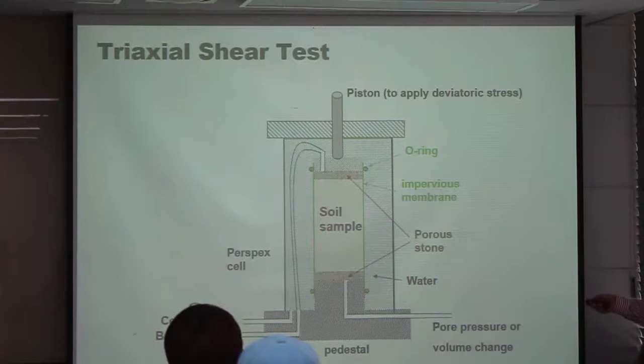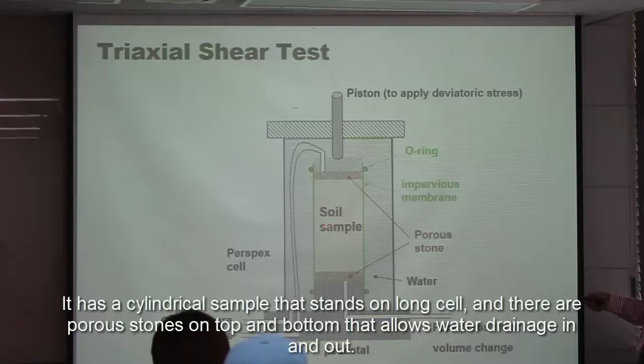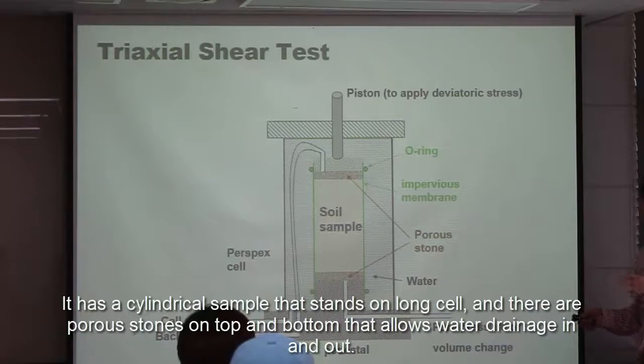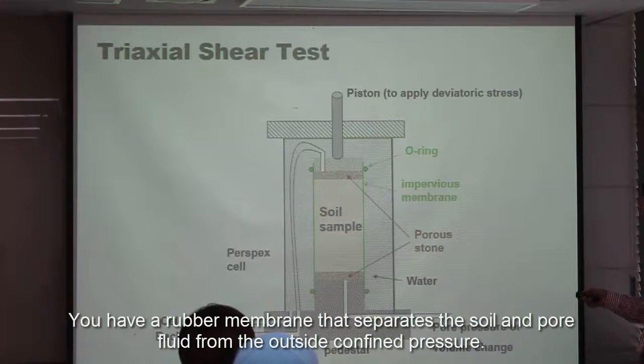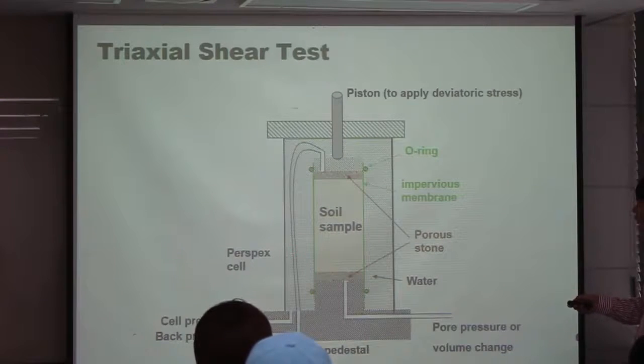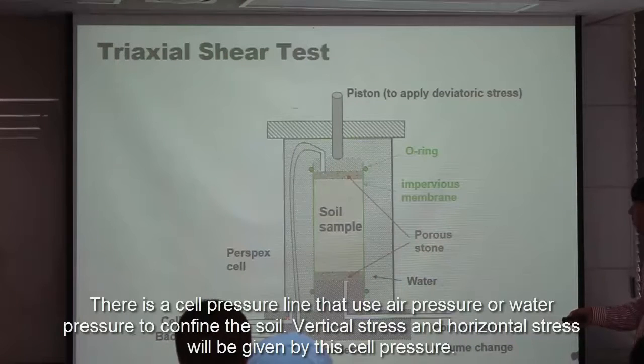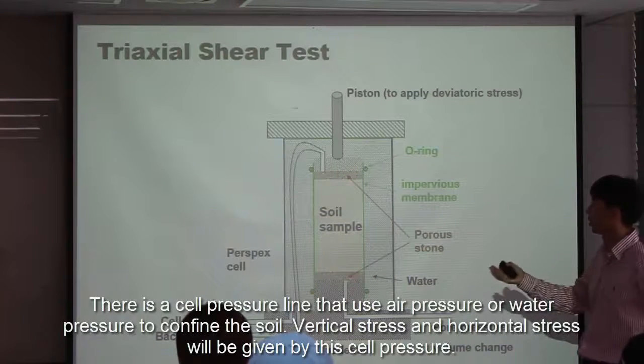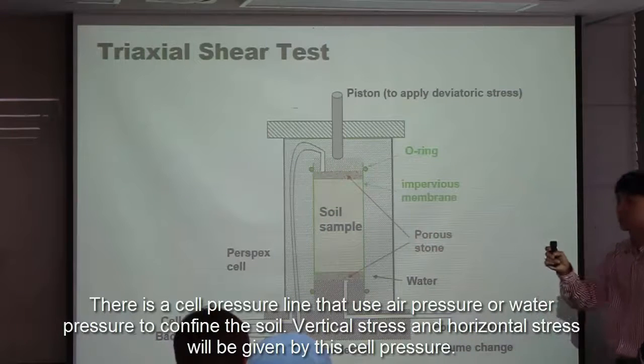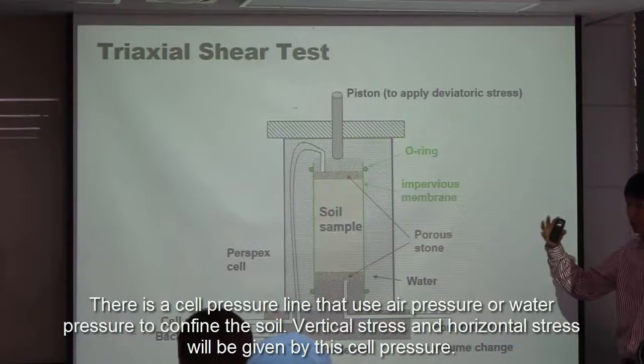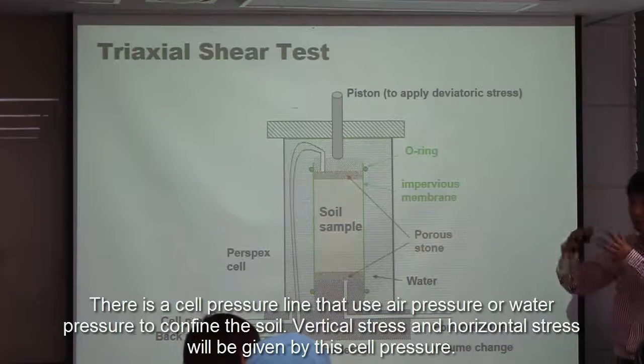You have a cylindrical sample that stands alone by itself, with a porous stone at the top and bottom that allows the water drainage going in and out. You have a rubber membrane that separates the soil and the soil pore fluid from the outside confining fluid. There's a cell pressure line that may use gas pressure or water pressure to confine the soil around the soil sample.